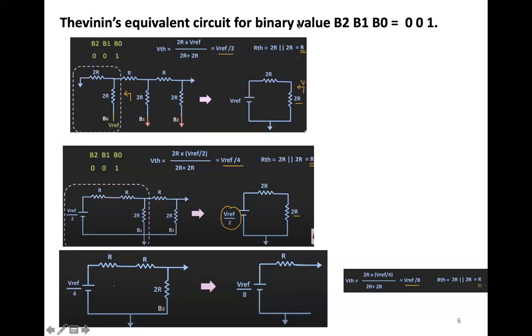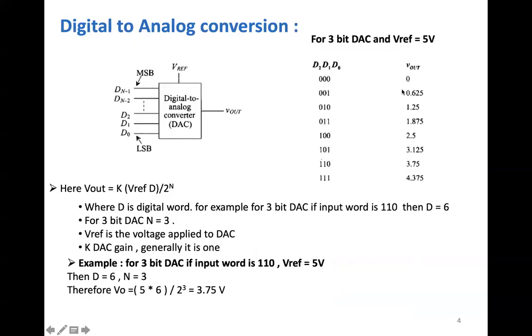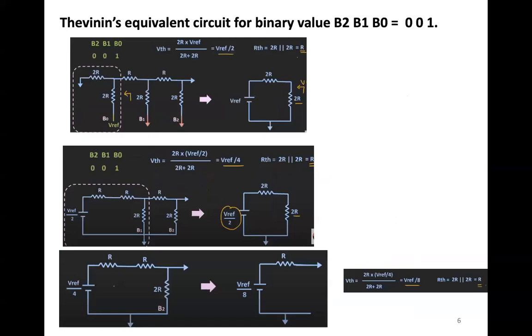So this 0.625 is nothing but the value which we were looking at previously, isn't it? The first basic value. So this is how my R2R ladder will actually work.